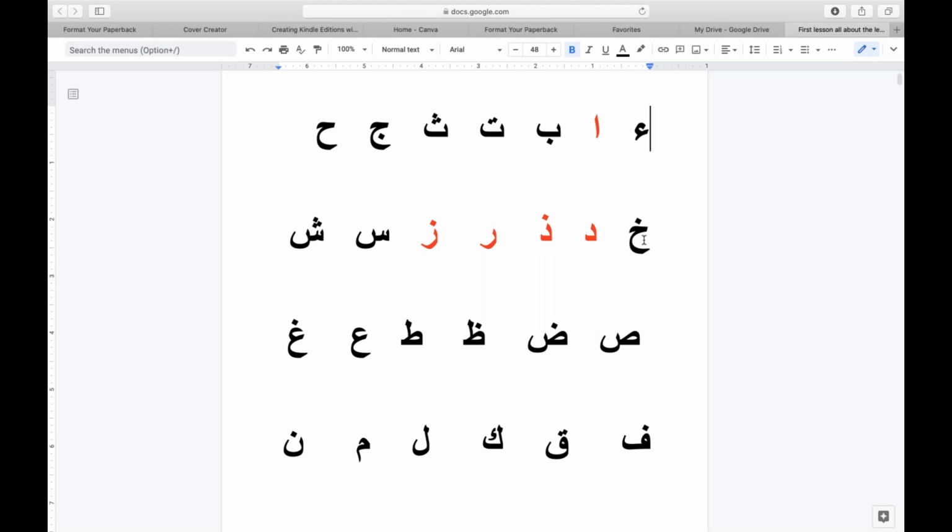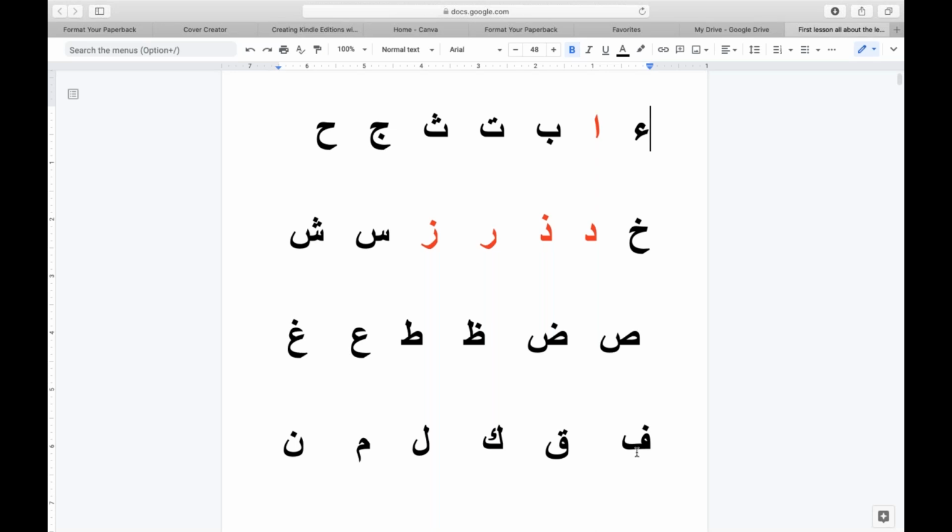Kha, kha, kha. It's just air. Whereas in ain, you will feel the top of your throat meeting each other, and there is air coming, but this air will not hit the upper palate. It's just created there when the left and right of your throat touch each other a little bit and the air comes. This is ain.